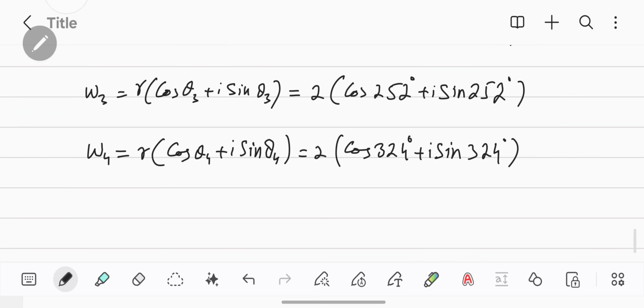You can find the sixth root and any root of a complex number in this way.